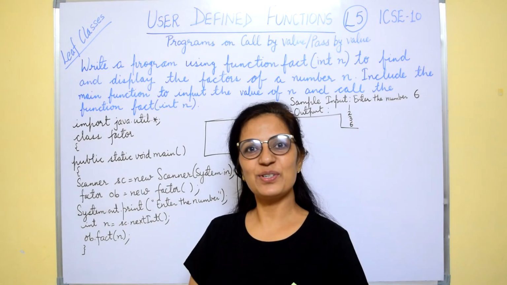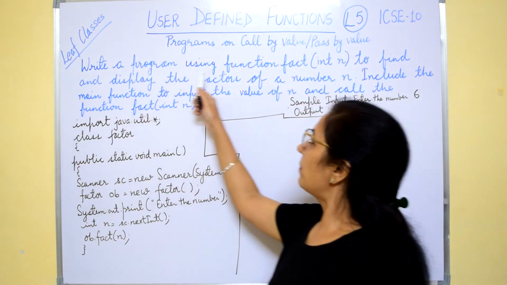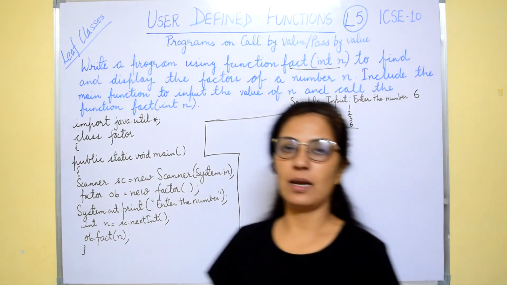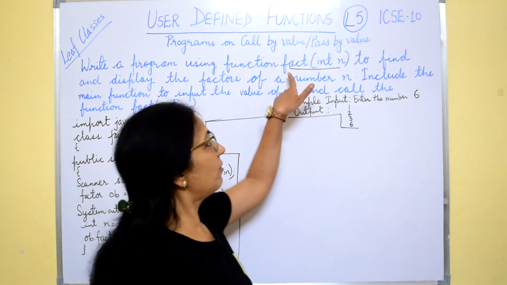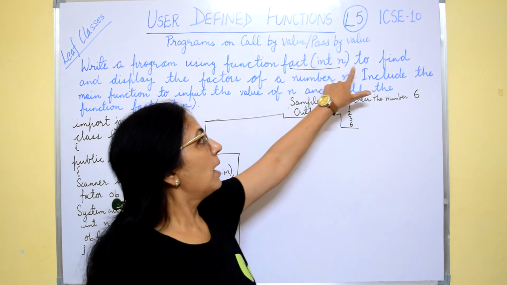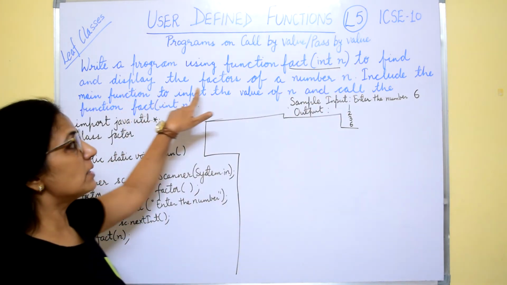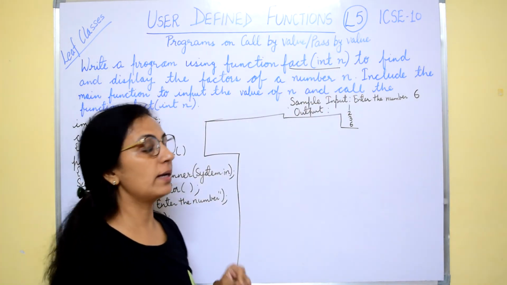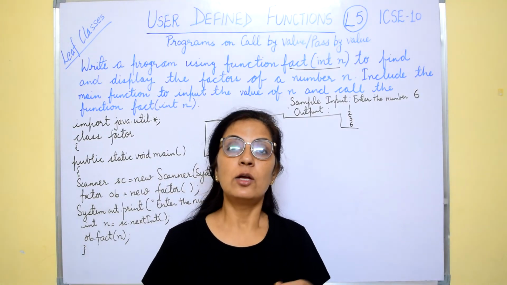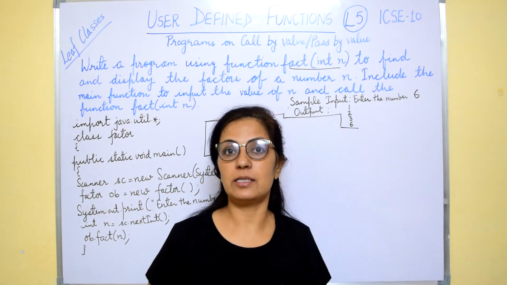The next question is to write a program using function fact(int n). Here the function name is given, fact, and one argument of int type, to find and display the factors of the number n. Now here what the statement says, to find and display.